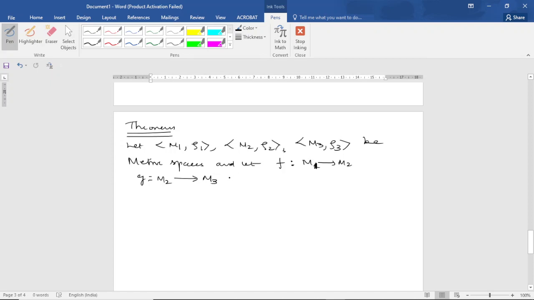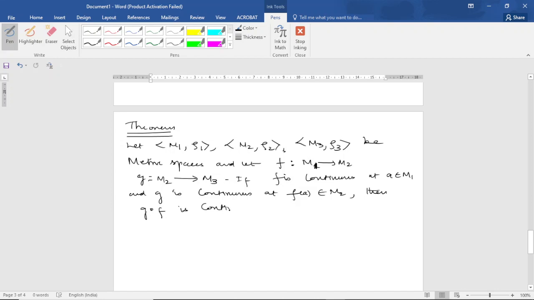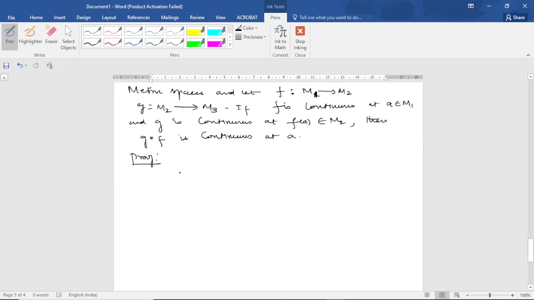If f is continuous at a in m1 and g is continuous at f of a in m2, then g composition f is continuous at a. So the proof is same as what we proved for the real line, the real valued functions.